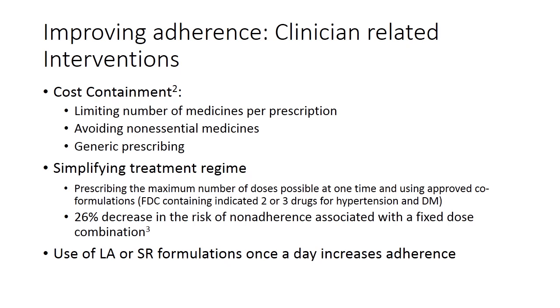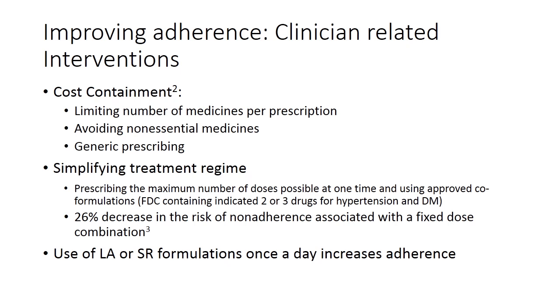Instead, as far as possible for chronic disorders, medicines available as fixed dose combinations, as in tuberculosis, diabetes and hypertension, should be prescribed. It has been found that there is a 26% decrease in the risk of non-adherence associated with fixed dose combinations. Therefore, they can help in enhancing adherence.